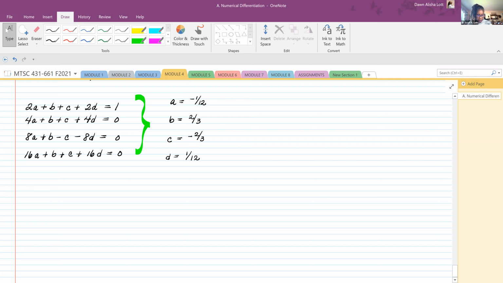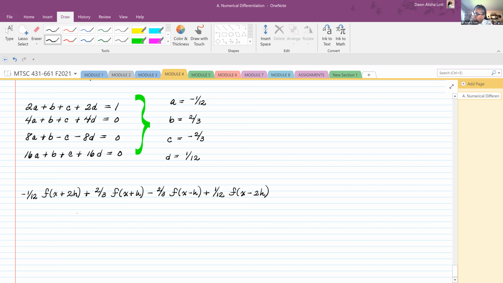On the left-hand side, we get -1/12 f at x plus 2h plus 2/3 f at x plus h minus 2/3 f at x minus h plus 1/12 f at x minus 2h.